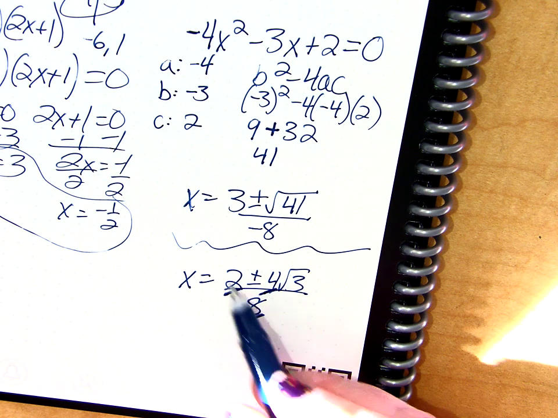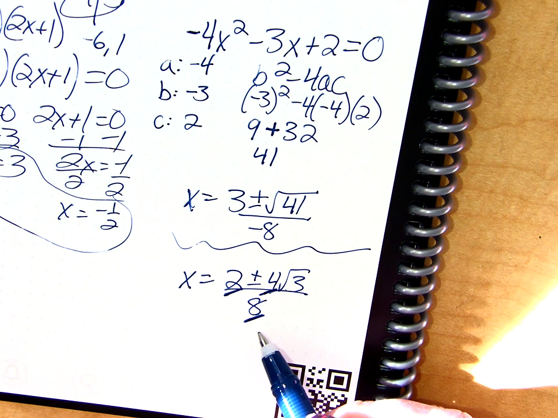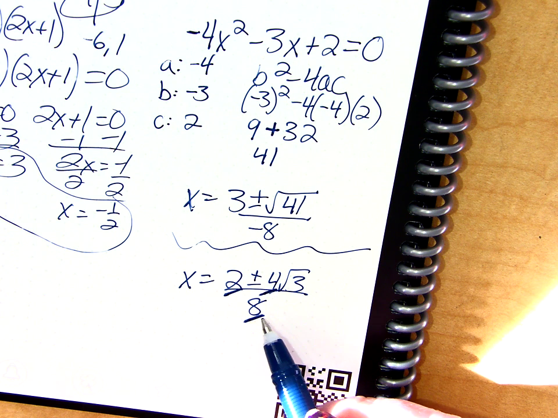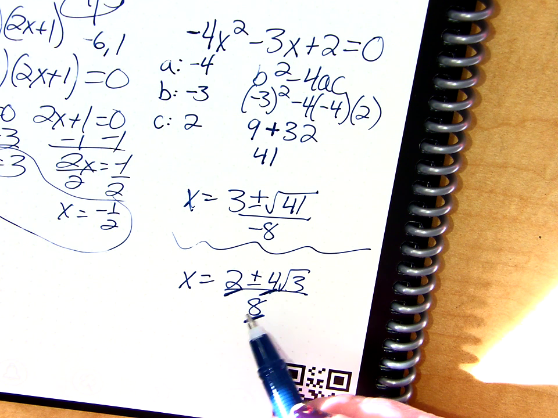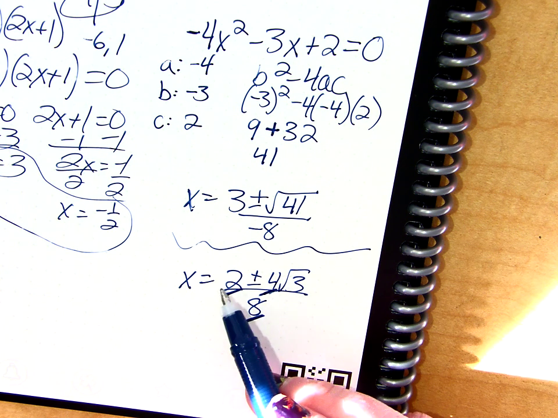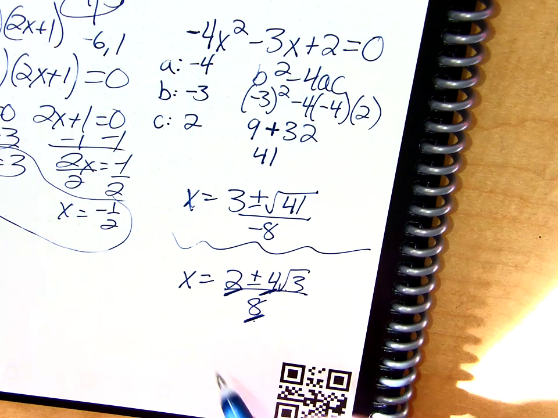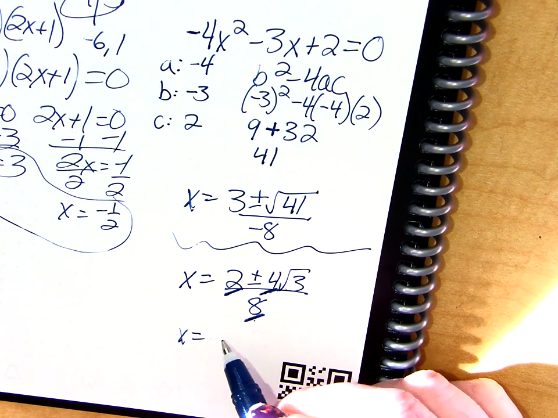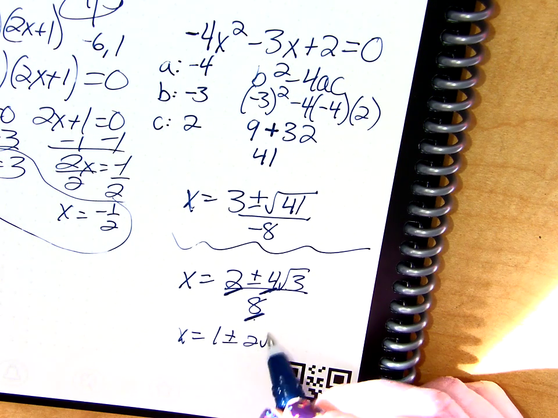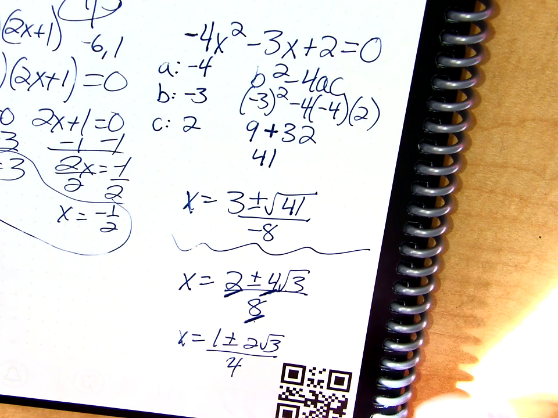You can't just reduce the 2 and the 8, because you are dividing not just 2 by 8, but the 4 by 8 also. So it has to be all three of these numbers. If they have a common factor, you can reduce everybody by that common factor. So since they do, I'd get 1 plus or minus 2 root 3 all over 4.